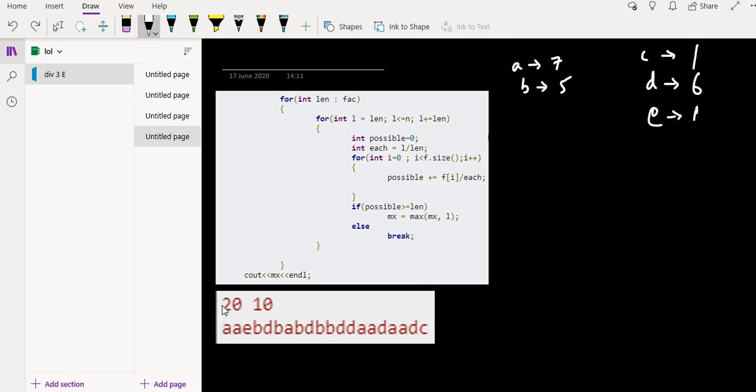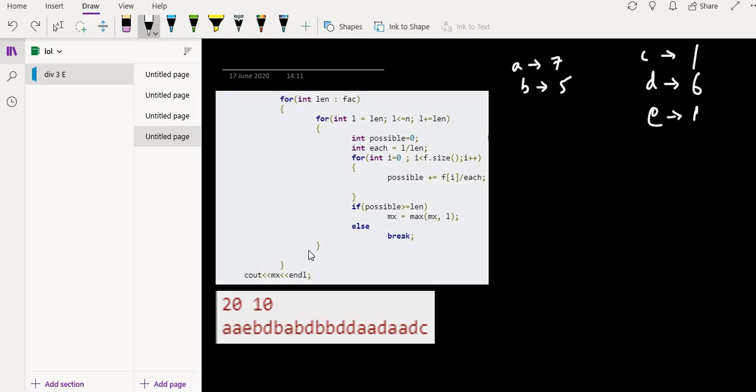Now let's consider the test case given in the question, this particular test case. In this test case, the length of the string is 20, and the value of k given is equal to 10. So we want to extract a 10 beautiful string.